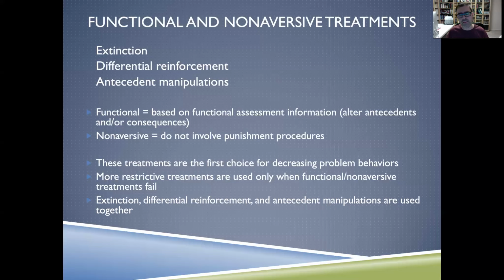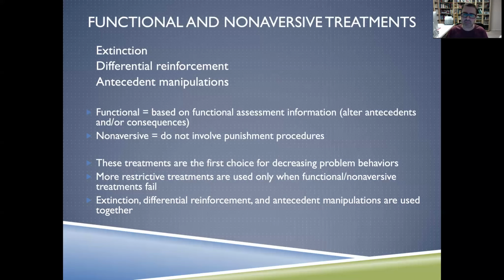Okay, so this is also important. Usually, when we're dealing with decreasing problem behavior, the procedures that are going to be described in the next few chapters are oftentimes used together. They're being described separately for didactic purposes, so you can understand each component perfectly.